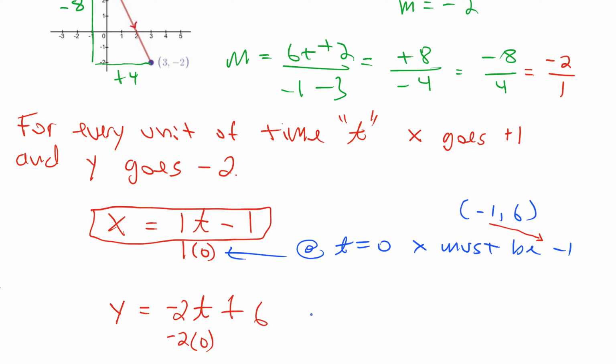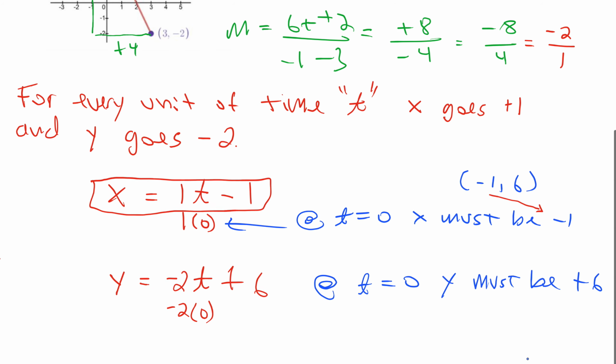Yep, this is it. At t equals 0, y must be positive 6, right? Make sense? Okay. Now we can check it.